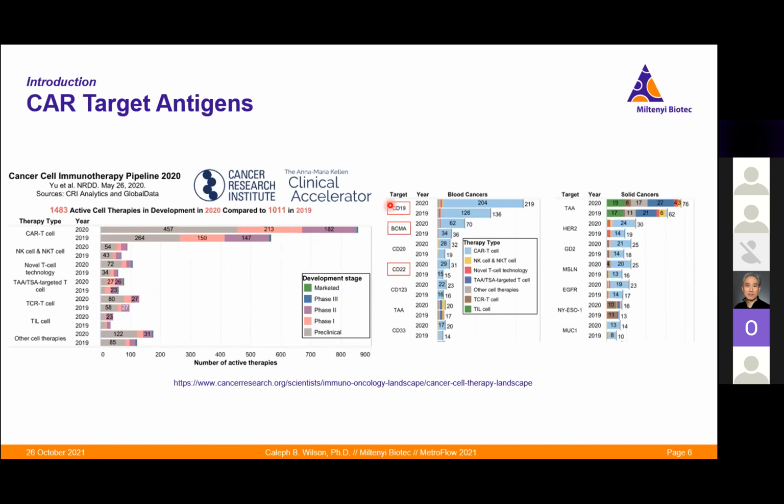Primarily, those therapies target CD19, the B cell maturation antigen or BCMA, CD20, CD22, CD123, and the tumor-associated antigen CD33. In this context, we've selected CD19 because it's obviously the most popular. If you have any CAR T cell experience or exposure, you've seen this a lot. Also BCMA and CD22.